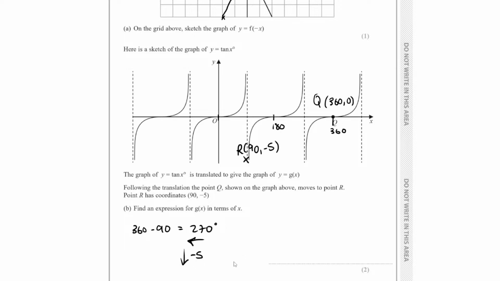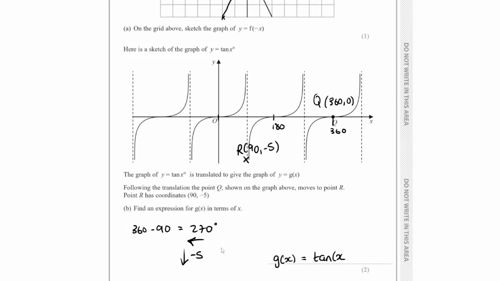So we just need to know, how do you write that as graph transformations? When you're using trig graphs, you do need to use the tan as well. So it's going to be g of x, which represents y, is equal to tan x. How do we demonstrate that we've moved left?